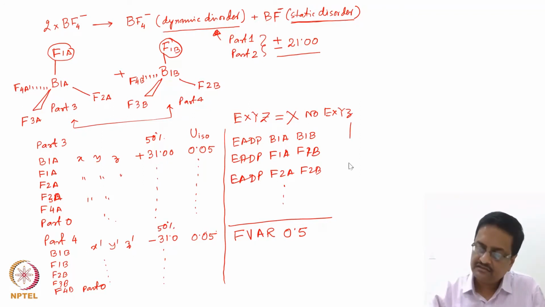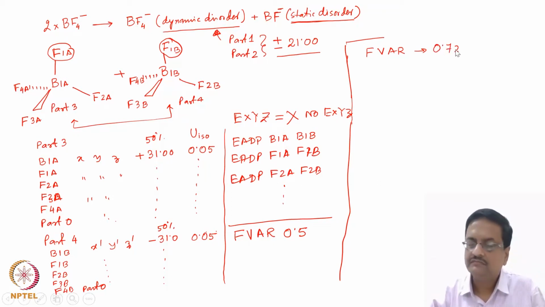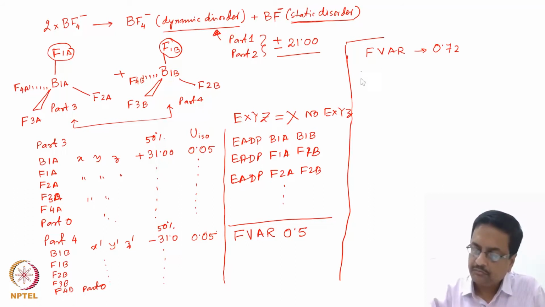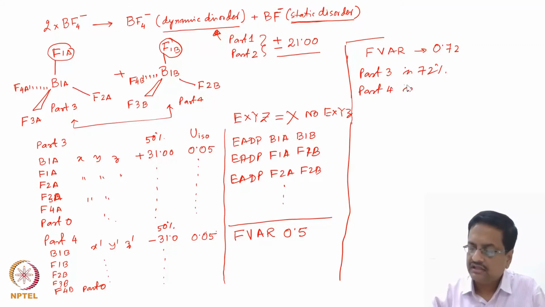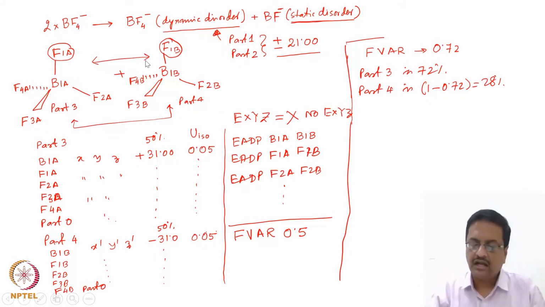When we refine this structure with these commands, what we will see is that the FVAR parameter changes to something like, say, 0.72, indicating that part 3 is 72% occupied and part 4 is 1 minus 0.72, that is 28% occupied. This way we can identify what percentage of two different locations are occupied by the BF4 minus anion.